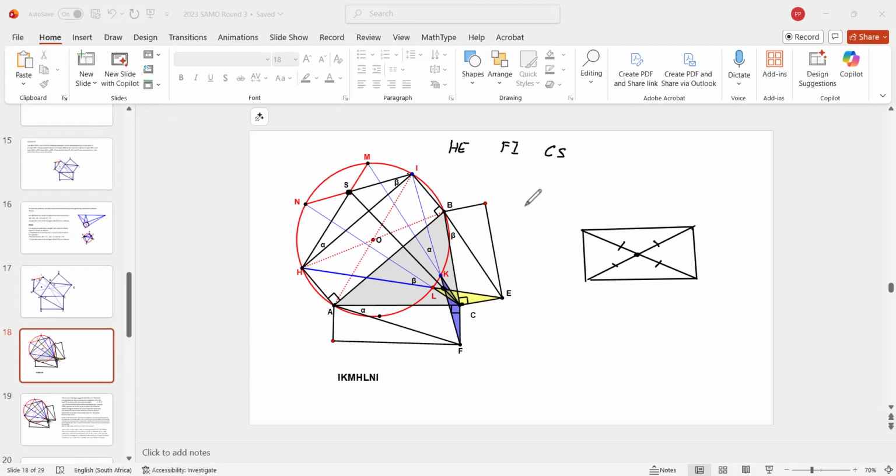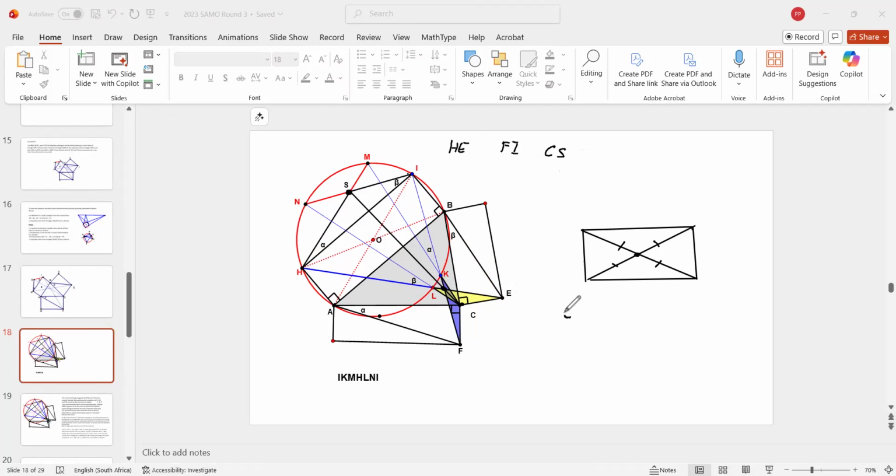The way to get those 4 points is, now you look at CS. Okay, let's not look at CS. We look at HE. HE, let it cut the circle at the point L. So you got HLE is a straight line, and L is on the circle.